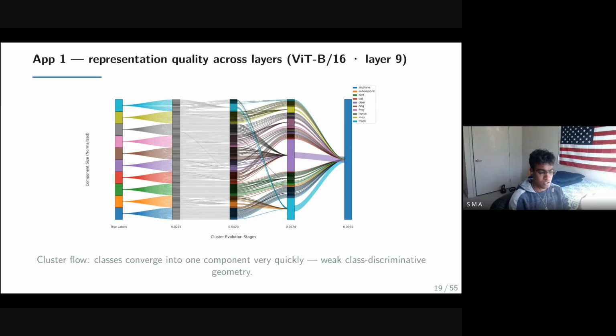You cannot see any clusters there. It's just noise, and you can look at the whole filtration process, and it's nothing but noise here. And they also converge really quickly, which suggests that the geometry is really weak. There's nothing out there in the latent space.